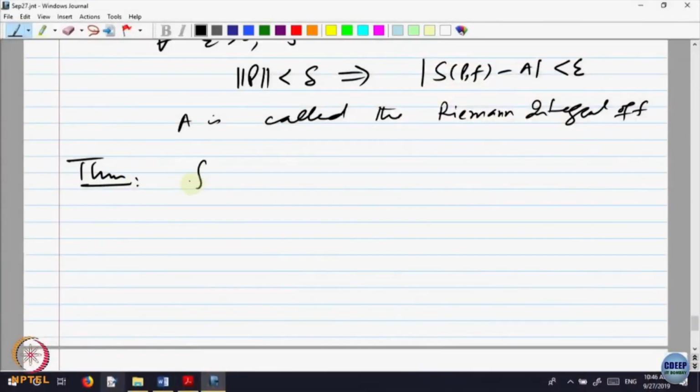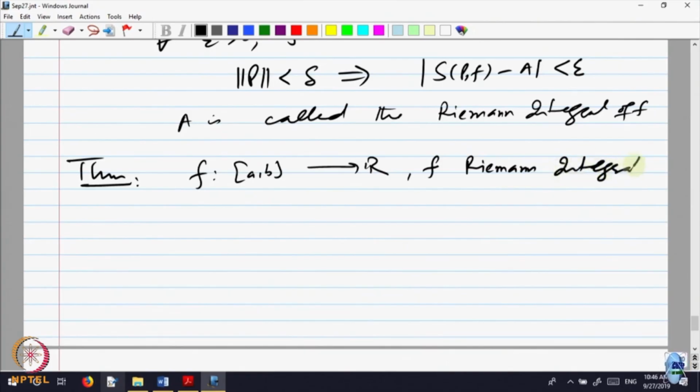Theorem: f from [a, b] to R, f Riemann integrable implies f is bounded.